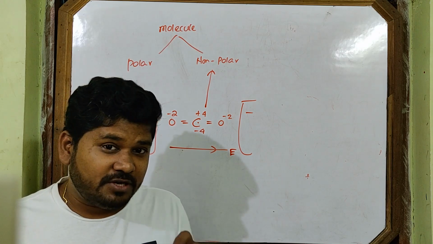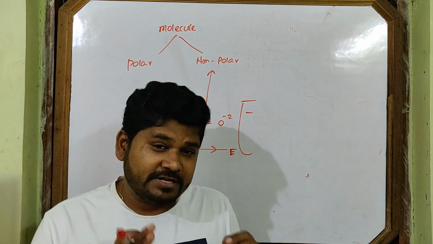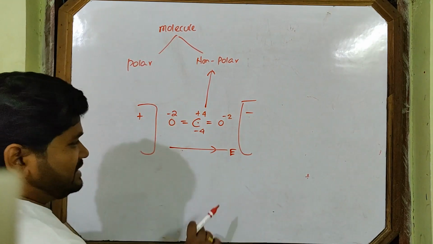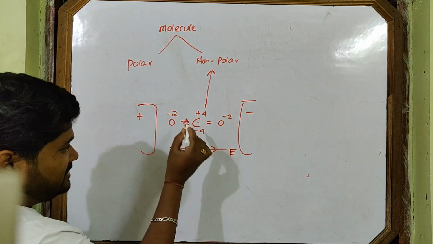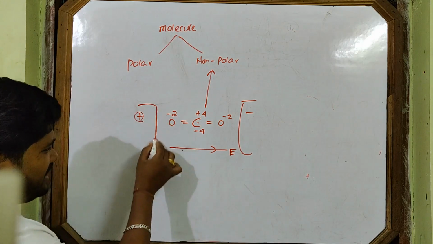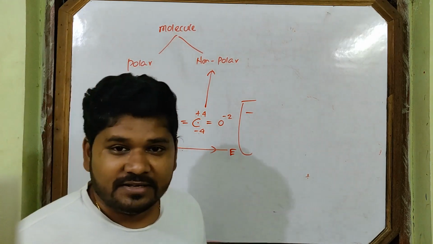From the start, the molecule has no permanent dipole moment. But if I keep the molecule in the external electric field, the negative plate of the field will attract the positive center, and the positive plate of the field will attract the negative center.